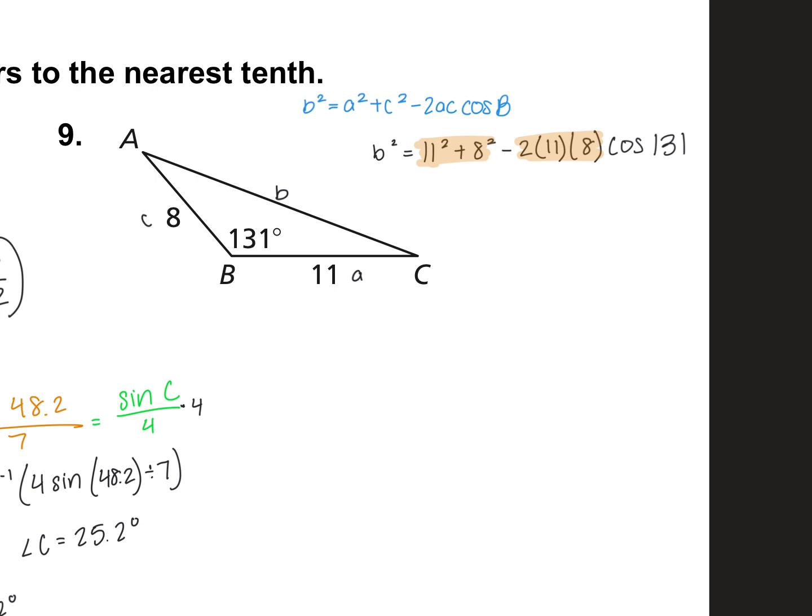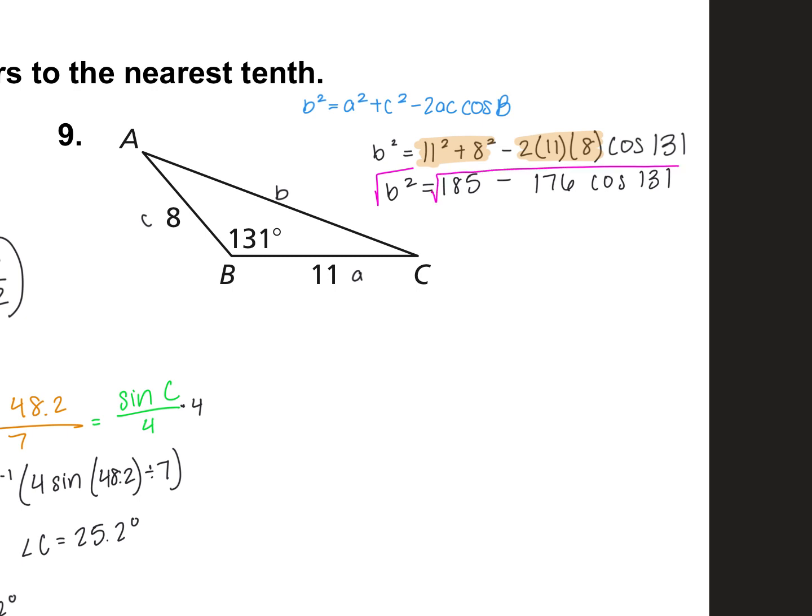All right, this is going to be 185 minus 2 times 11 times 8, 176, cosine 131, and I'm still solving for B squared. Now to get rid of the square, I'm going to square root it, and yes, you can plug all of this into a square root.